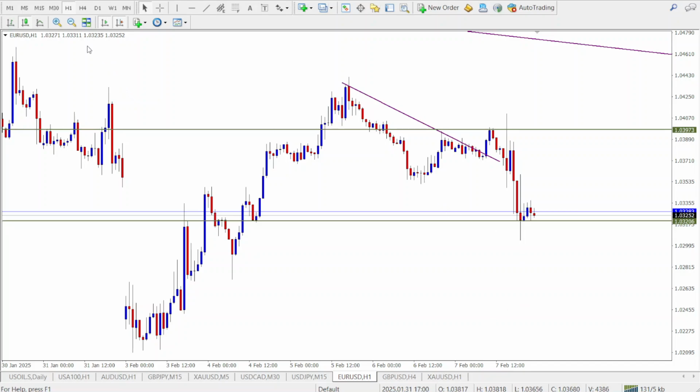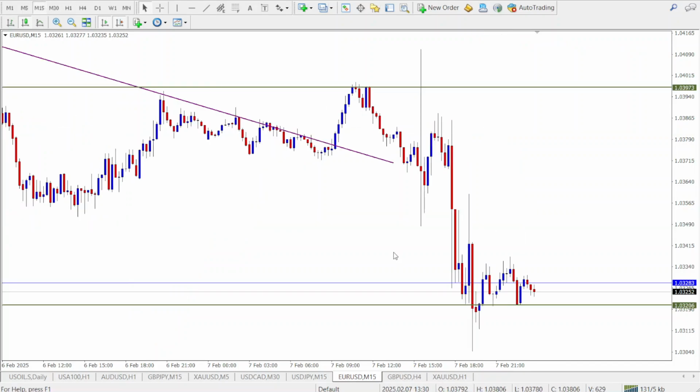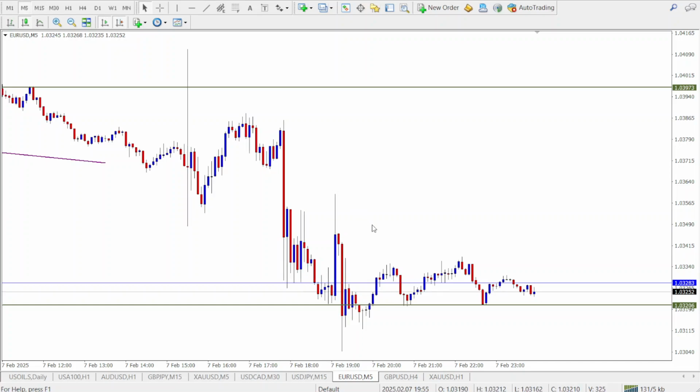Then your mid time frame could be your 15-minute chart for trade setup confirmation. Then your lower time frame could be your 5-minute chart to execute trades with precision. Now, using these combinations, traders can make more informed decisions and filter out weak trade setups.